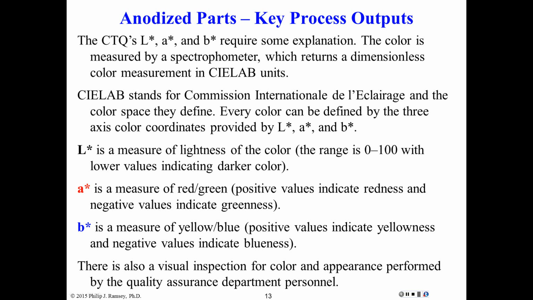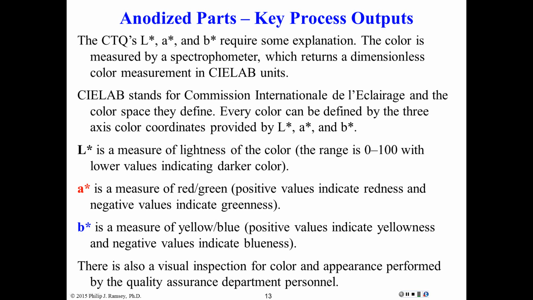A star, a measure of red-green. Okay. So positive indicates red, negative indicates green. And then a third is B star. This measures yellow to blue. Again, positive indicates yellow, negative indicates blueness.